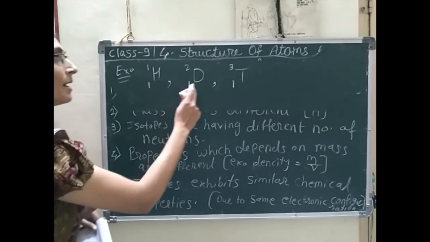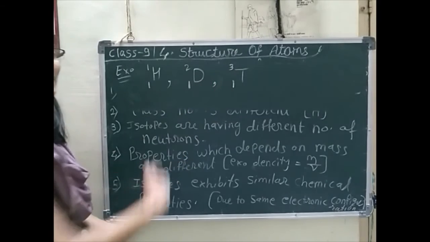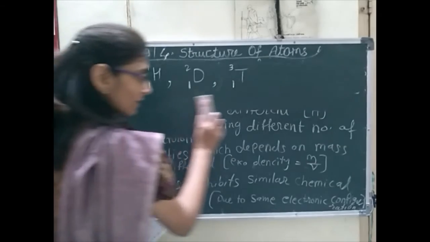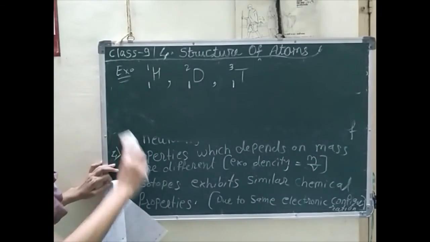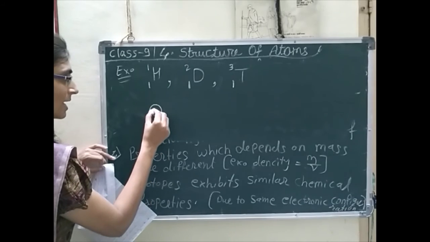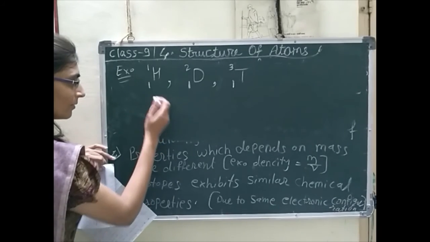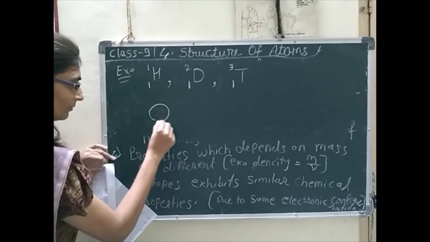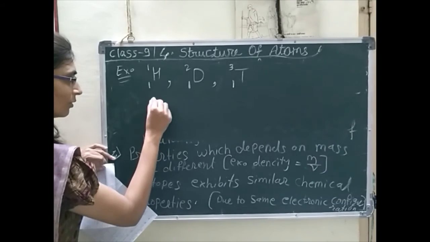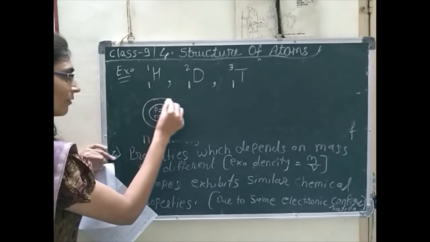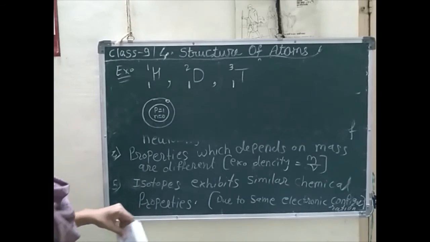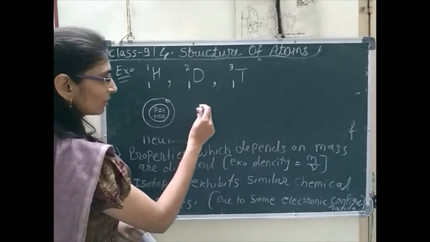This is the example of hydrogen, deuterium and tritium. These are the isotopes. And you can also draw the electronic configuration: in the nucleus only one proton, P is equal to 1, neutron is equal to 0, and only one electron is accommodated in the orbit, as the number of electrons is 1 here.